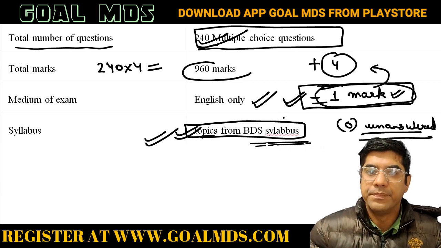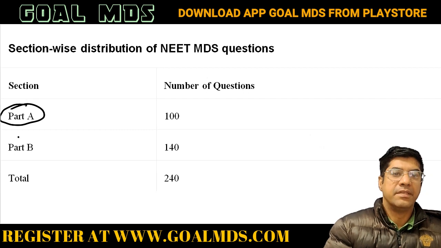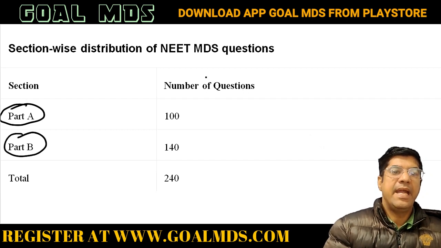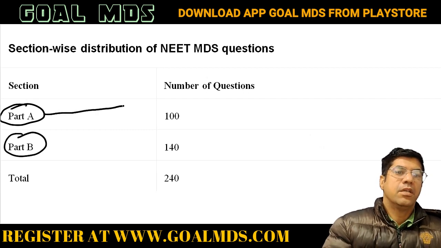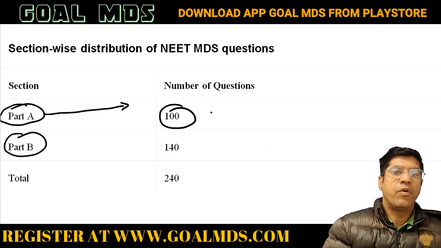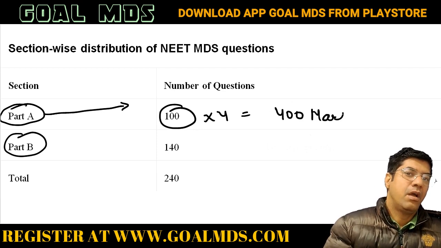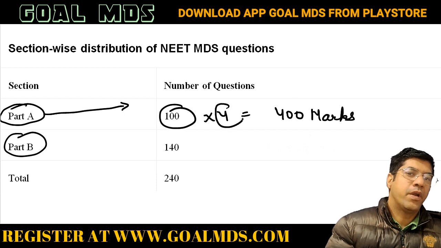total score. Now remember that the exam consists of 2 parts, section A and section B. In section A you will get a total of 100 questions. That is, section A consists of 400 marks.